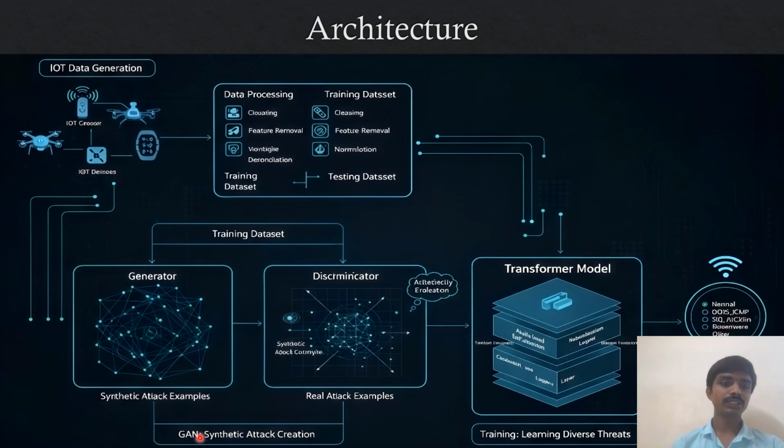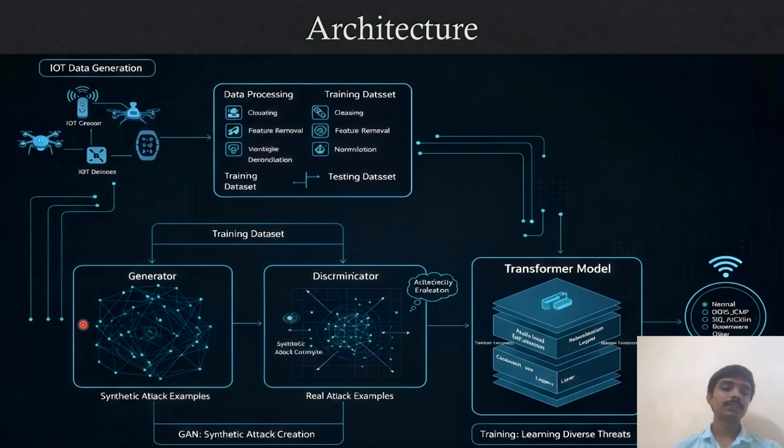This slide shows the system architecture of our project. The data from IoT devices is collected into the dataset and sent to pre-processing, training and testing. At the same time, the same dataset is sent to the GAN, the Generative Adversarial Network. The pre-processed and trained data is sent to the transformer. The transformer will learn the patterns and behavior of normal and attack traffic.